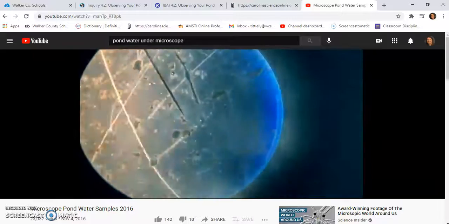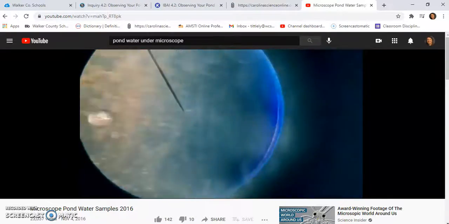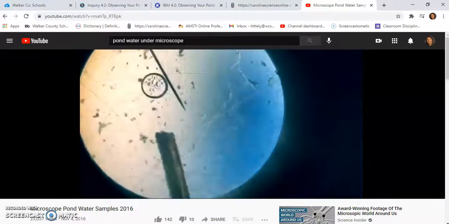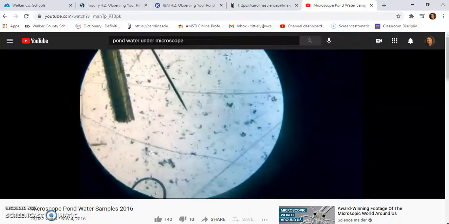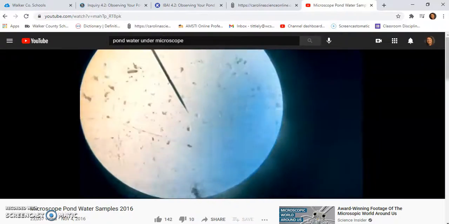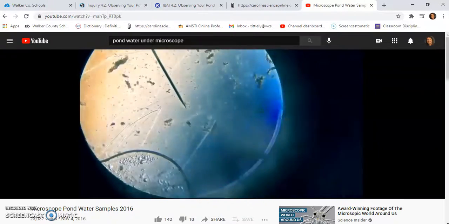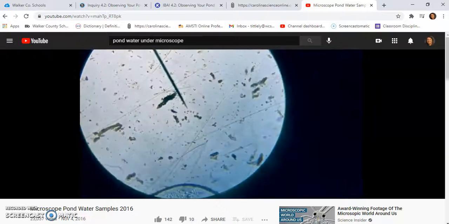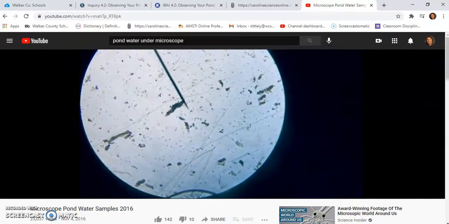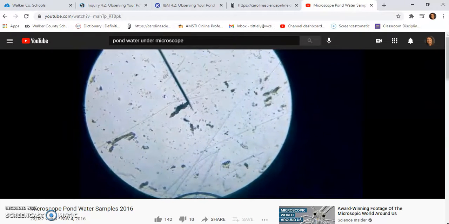So that'd be 40x. There's a lot of debris in that one and a few little air bubbles. There's a piece of hay. I don't really see anything swimming around. Oh, there's a little thing swimming around right there, right in front of the pointer, or now to the right of the pointer.